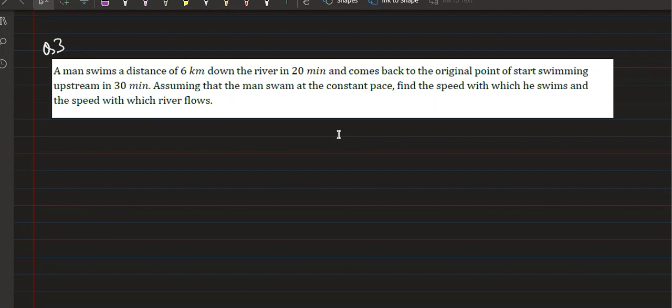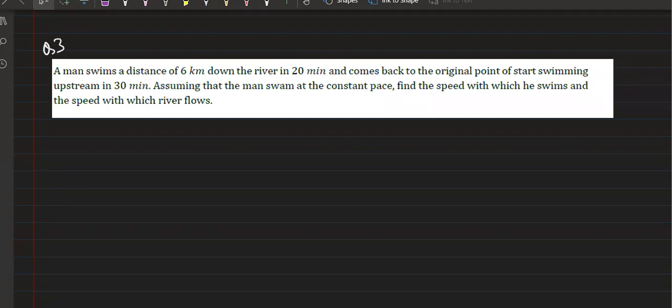Step by step. Because physics is all about conceptualization of your problem. So let's figure out what is being asked in this problem. A man can swim a distance of 6 kilometers down the river, right? So down the river means downstream. Yes or no?